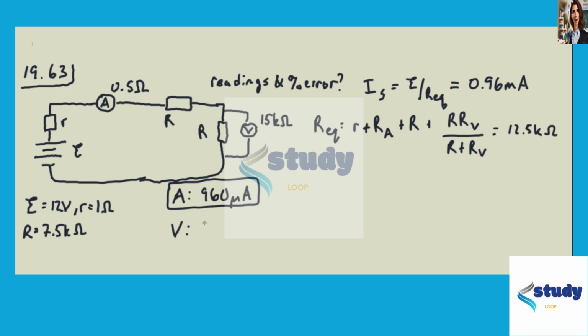So we're going to get source current times the equivalent resistance here, and yeah, so that will give us 4.8 volts.